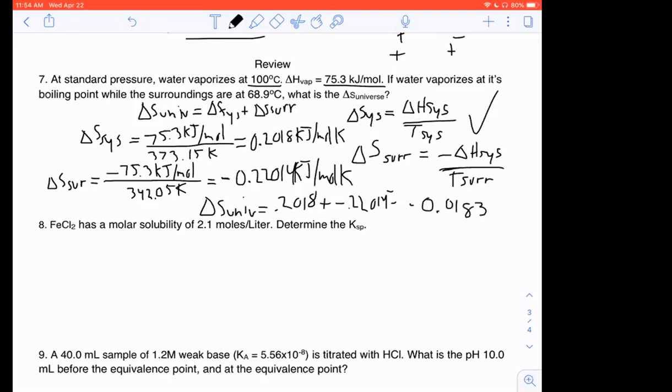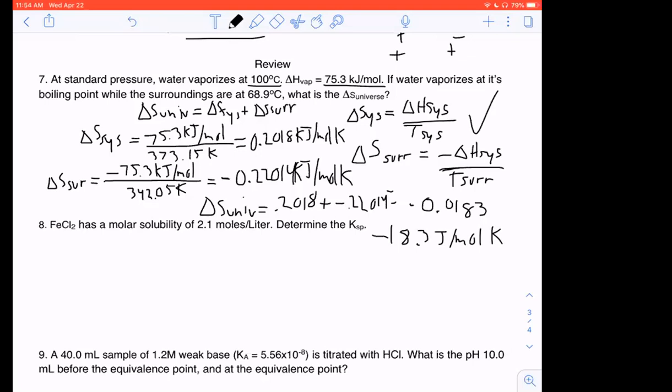And this is in kilojoules per mole Kelvin. That's the same thing as 18.3 joules per mole Kelvin. Sorry, negative 18.3 joules per mole Kelvin. And so you got a negative value. Remember, if the entropy change for the universe is negative, it's not going to be a spontaneous process.